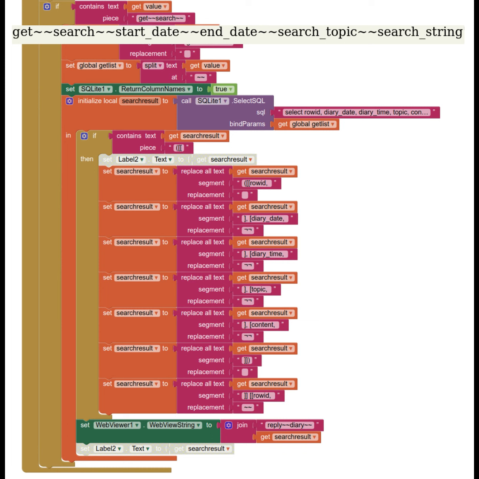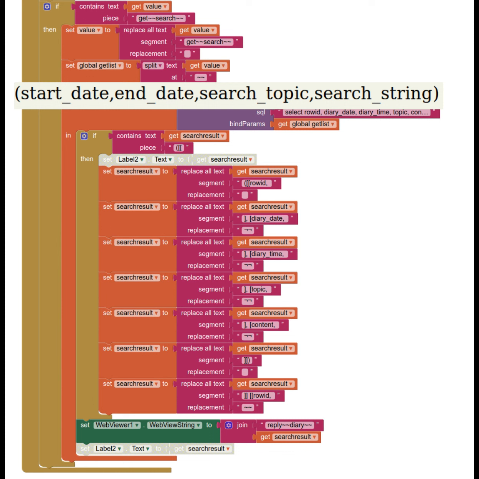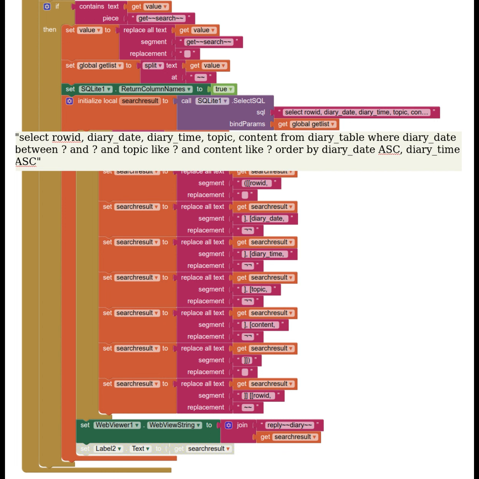The web viewer requests a search with the message starting get search ~~ start date ~~ end date ~~ search topic ~~ search string. Removing that gives us start date, end date, search topic and search string. Splitting to form a parameter list gives us the start date, end date, search topic, search string as a list.